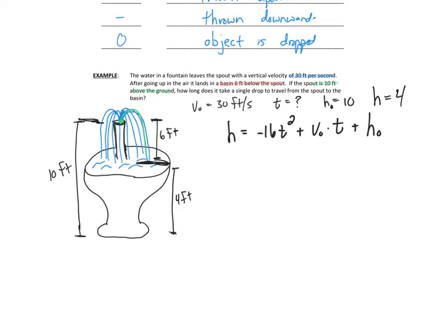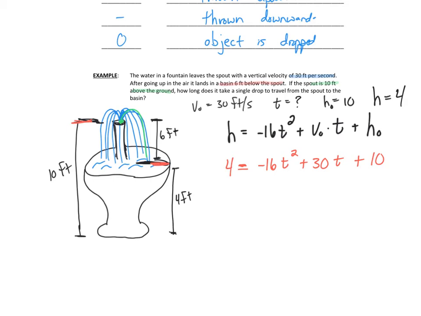So our equation would be 4 feet above ground equals -16t squared plus 30t plus 10, because 10 is the initial height, and we're starting up here. 4 feet above the ground is in the basin.